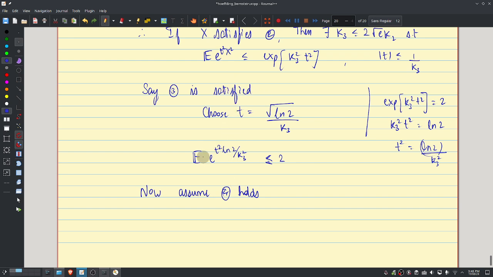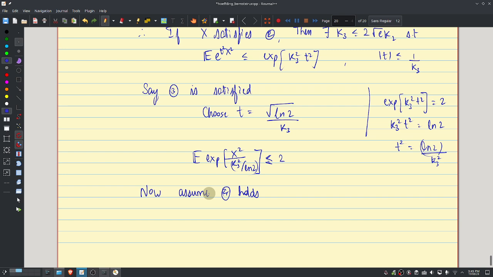Oh, but I need expected value of e to the, sorry, this should have been x square. Write it more carefully. What I want is expected value of x square divided by some k4 square, where k4 is a positive constant. In this case, it's just k3 square by log 2.